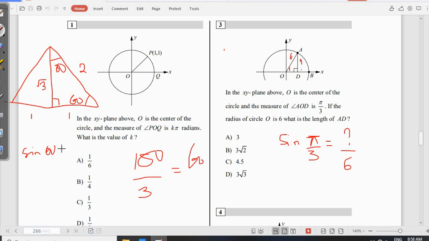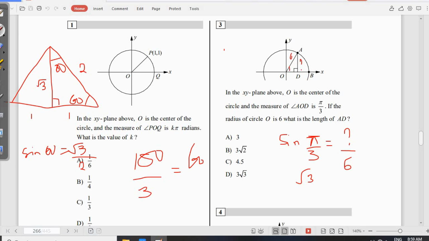So sine 60 is root 3 over the hypotenuse 2, root 3 over 2. I want you to play around with this, get sine 30, cos 30, tan 30, and see all the trig functions that come out from this. So we have root 3 over 2, because sine pi/3 is root 3 over 2.